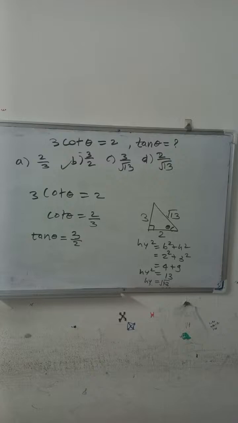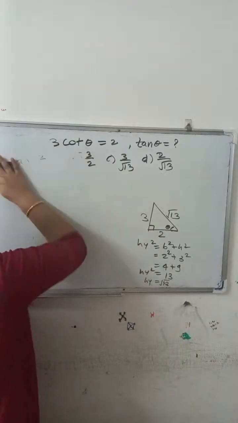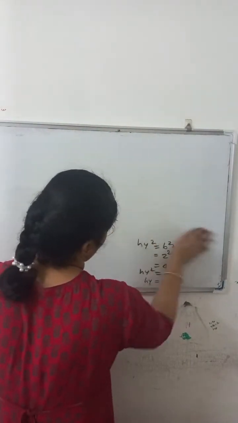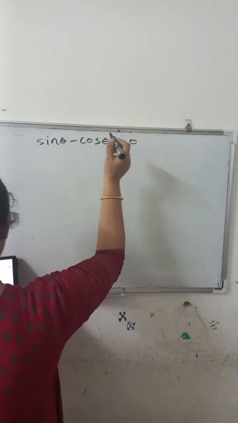If sin theta minus cos theta is 0. We come across this question many times. The question is that sin theta minus cos theta is equal to 0.